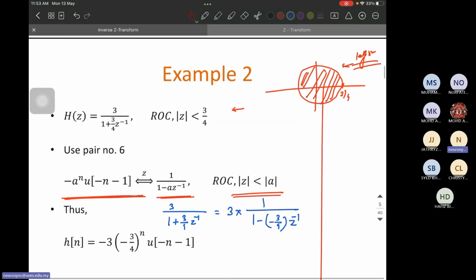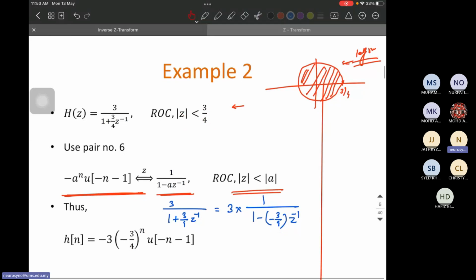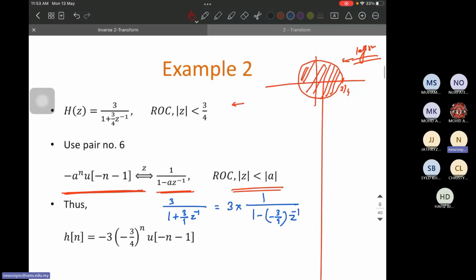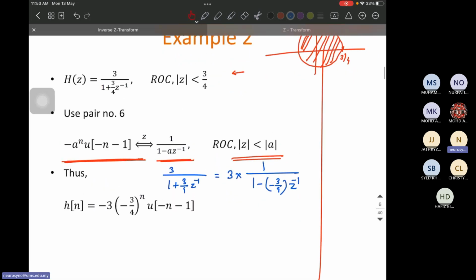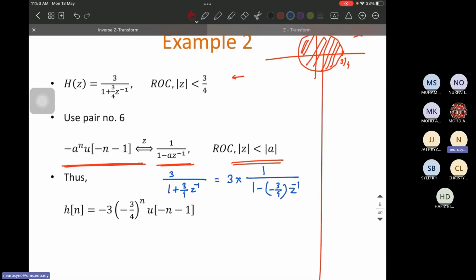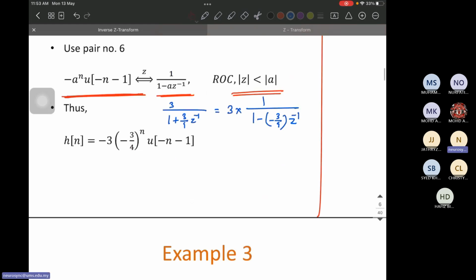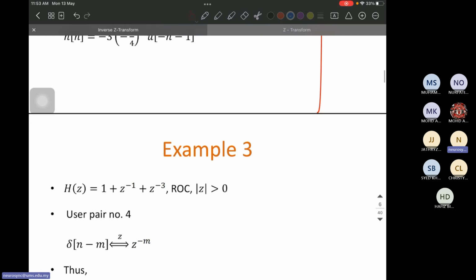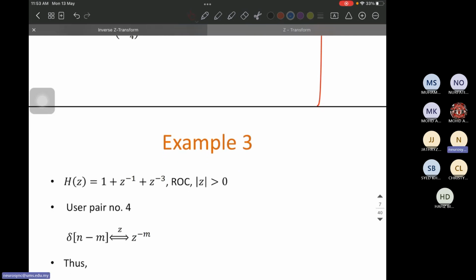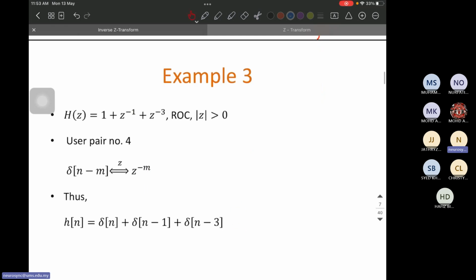Now, because the ROC given is interior ROC, we should use this formula, and the inverse Z transform is minus 3 times minus 3 by 4 to the power n, u of minus n minus 1. So you should focus on the ROC given. When we do the inverse Z transformation, very important, you should look into what ROC is given.